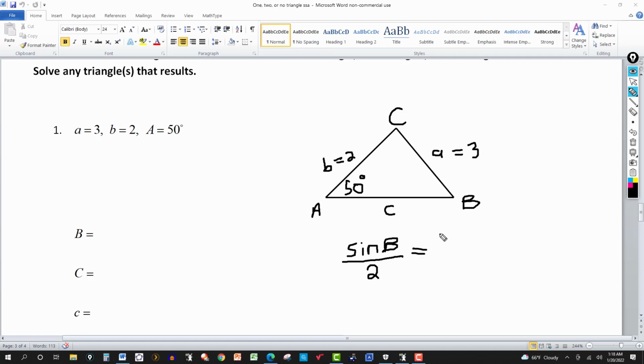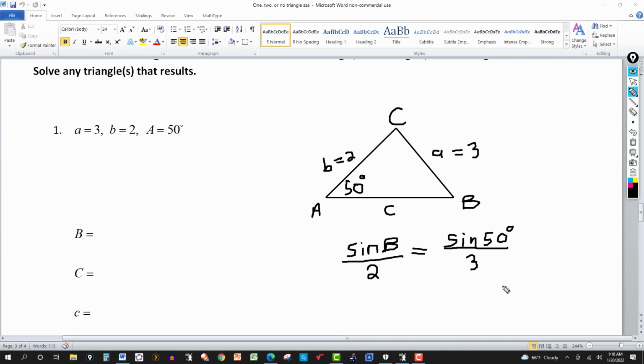And then I know A to be 50, so obviously I want to use that. Sine of 50. The opposite side is 3.